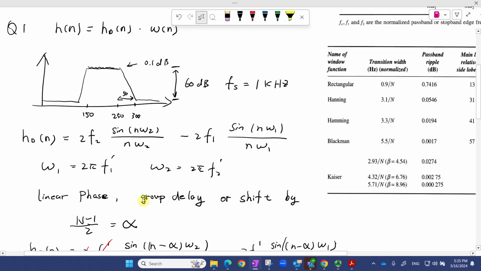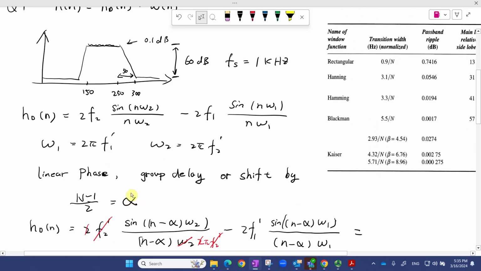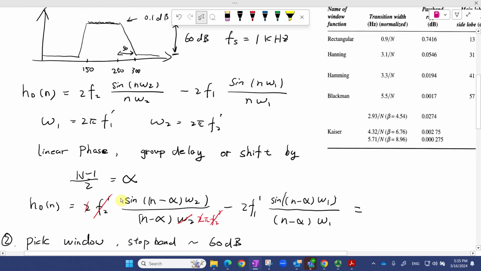Another step is we need to shift this whole function by alpha to make a linear phase. Alpha equals (N minus 1) over 2. How much is N? We don't know. We're going to do that later. Because omega is 2 pi f, we can actually cancel some parts here.